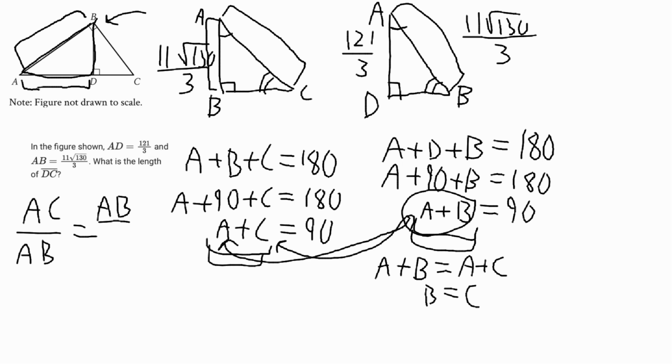Because again, it's the hypotenuse divided by this side right here. So that's going to be AB divided by AD.